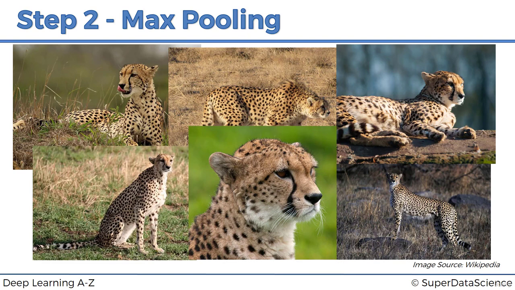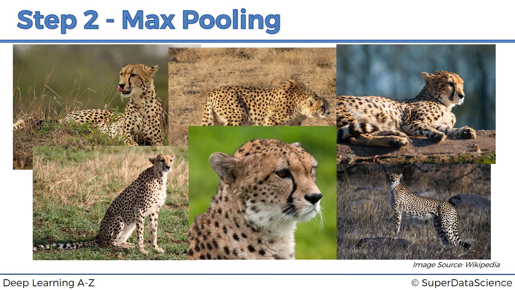But it doesn't have to care if the features are a bit tilted, if the features are a bit different in texture, if the features are a bit closer, or if the features are a bit further apart relative to each other. So, if the feature itself is a bit distorted, our neural network has to have some level of flexibility to be able to still find that feature, and that is what pooling is all about.